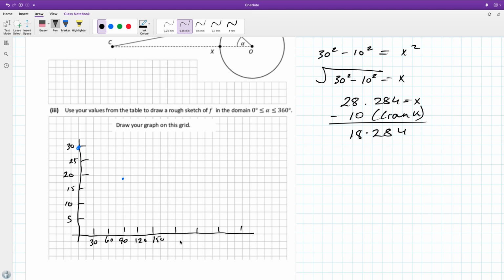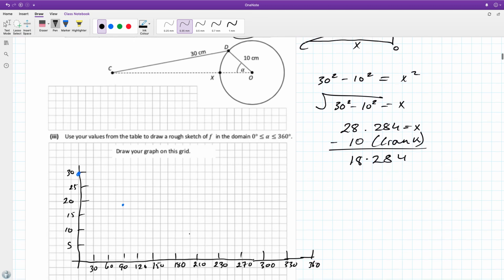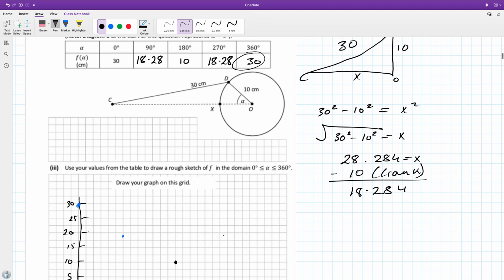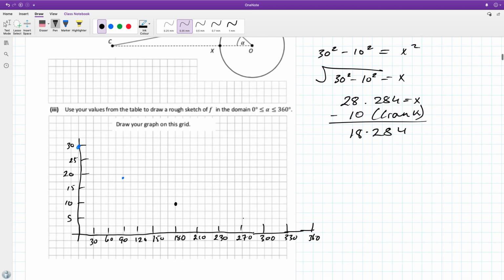120, 150, 180. So 180 then is 10. 270 is 18.28.